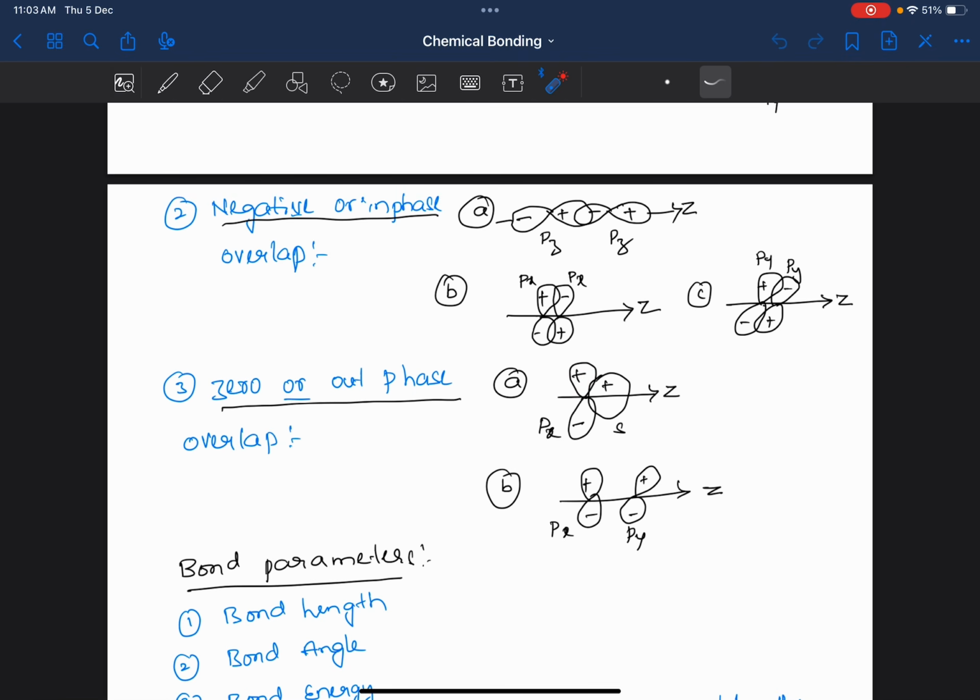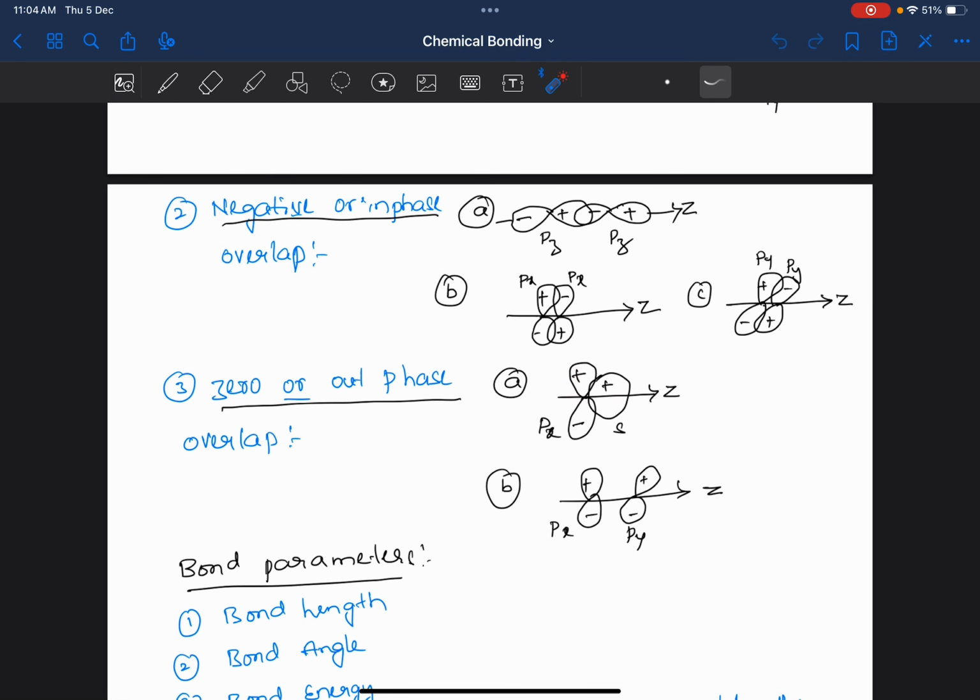We know that px and py orbitals are arranged perpendicular to the axis, so these are not overlapped with the s orbital. Just the pz orbital alone overlaps with the s orbital. That is the only possible overlapping, so this is not a possible overlapping.